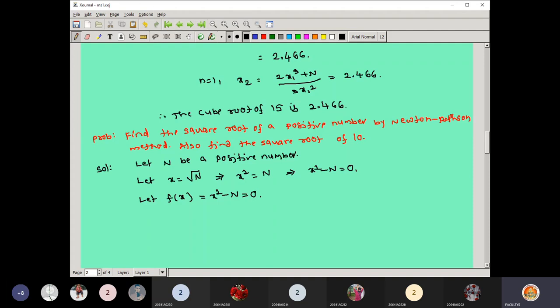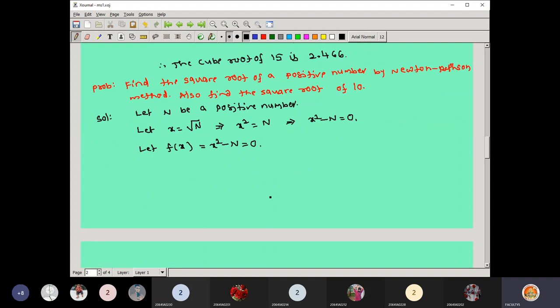Don't calculate a and b values here. Directly you apply your Newton-Raphson method. So directly I can use the formula x(n+1) equal to xn minus f of xn divided by f dash of xn.